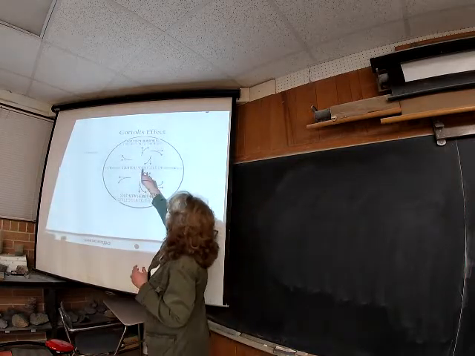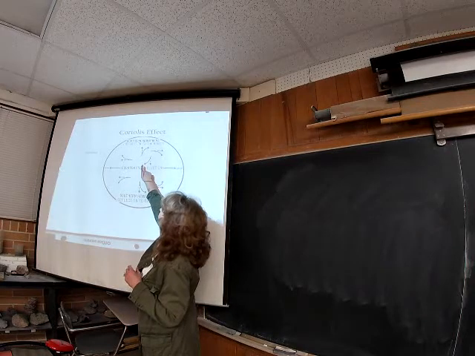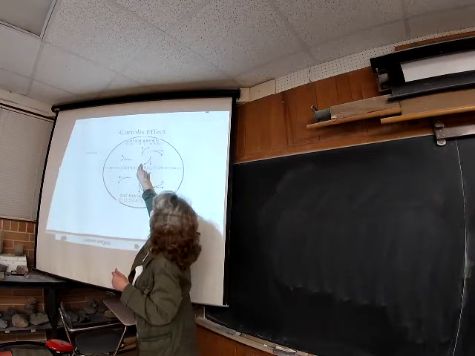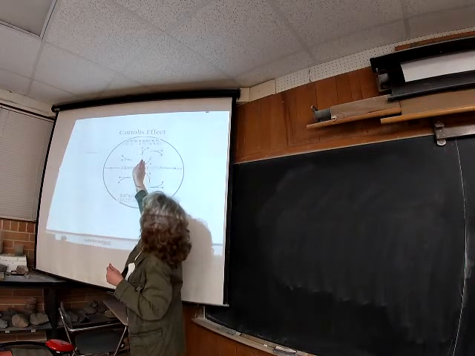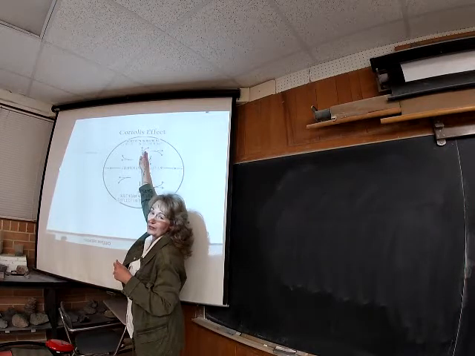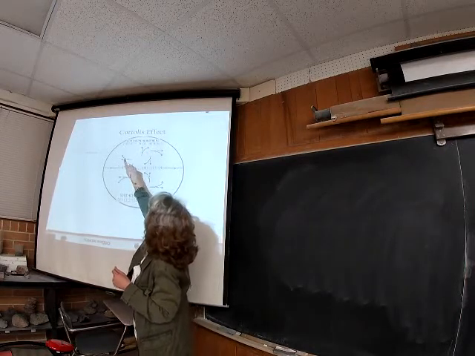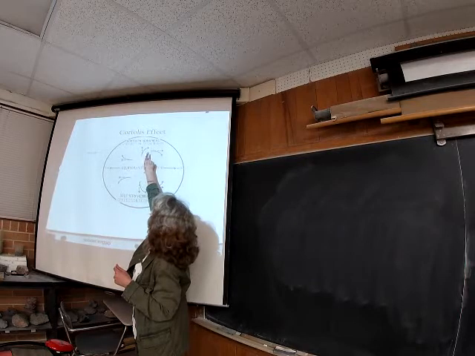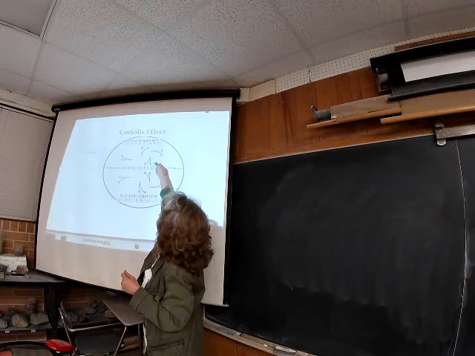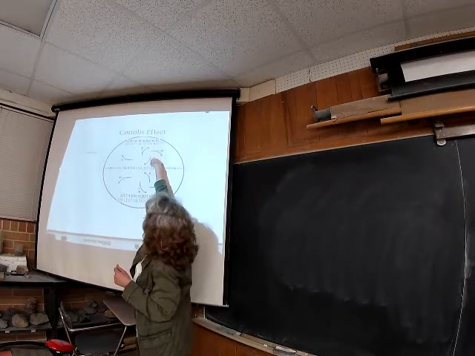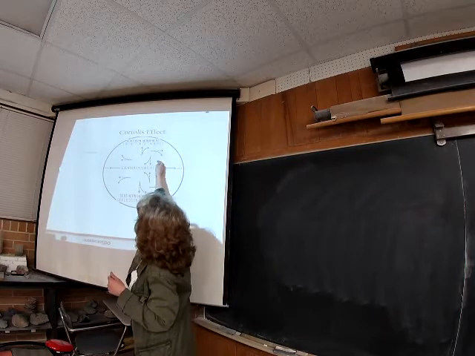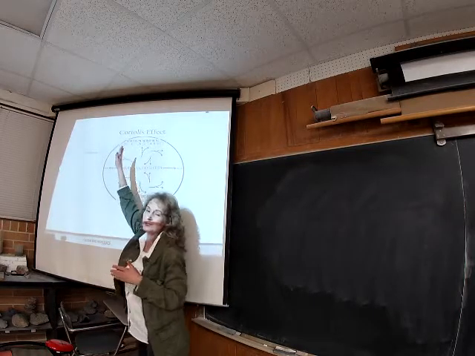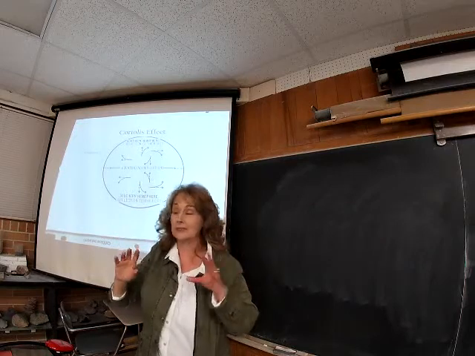So say we've got a wind coming from the south. It's going along this dashed line here, and it's going to veer off to the right. Say we've got a westerly wind coming along, it's going to veer off to the right. A northerly wind coming this way, veering to the right. An easterly wind, veering to the right in the northern hemisphere.